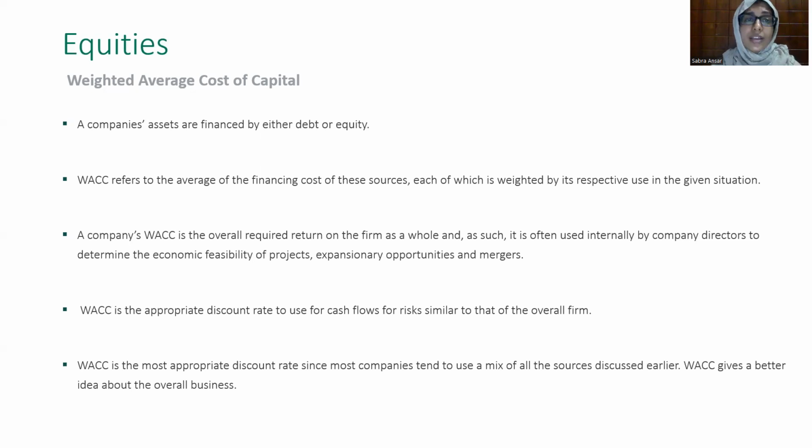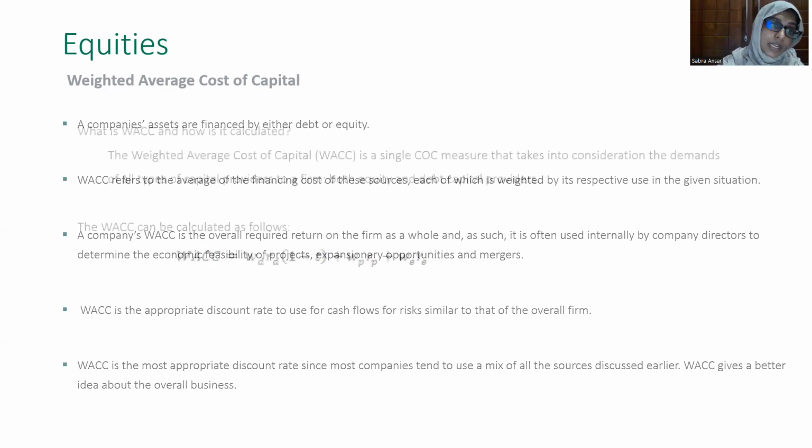For all these, the WACC is used. And the WACC is the appropriate discount rate to use for cash flows with risk similar to that of the overall firm. It is mostly appropriate since most companies tend to use a mix of all sources discussed earlier, and that gives a better idea about the overall business of the company.